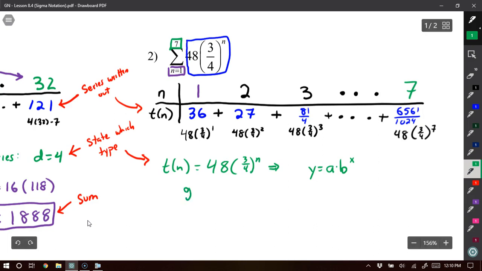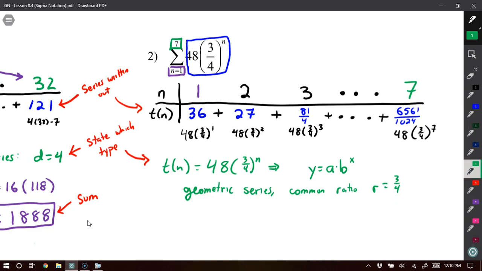So this is a geometric series where you have a common ratio. r is 3/4. So I named the type of series as well, which, by the way, to go back, how could I have done this position a lot easier?